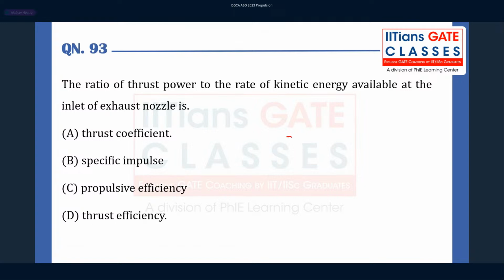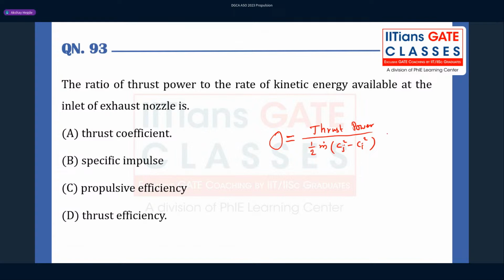Let us keep the left hand side as an unknown quantity. The definition they are giving is the thrust power to the available kinetic energy at the inlet. So that will be half m dot (Cj square minus Ci square), where Cj is the exit plane velocity and Ci is the inlet plane velocity.